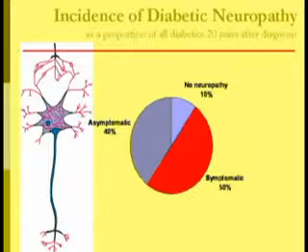Asymptomatic neuropathy was present in about 40%, which means if you are using a monofilament or a tuning fork for assessment of neuropathy, there's 40% of subjects who have this kind of a problem. And no neuropathy was seen in only 10%, which means that basically around 90% of subjects at the end of 20 years have some form of diabetic neuropathy.